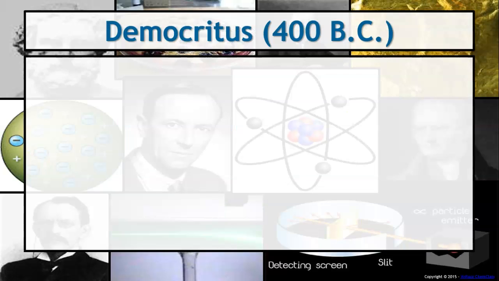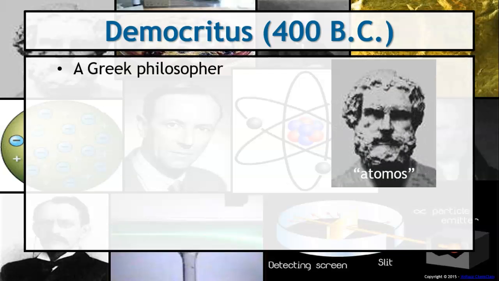It all starts back before the time of Christ, at about 400 BC in ancient Greece, with a gentleman by the name of Democritus. Democritus was a Greek philosopher who not only did a lot of thinking and writing about government, which is where we get the idea of democracy from, but also a lot of thinking about the world around him.